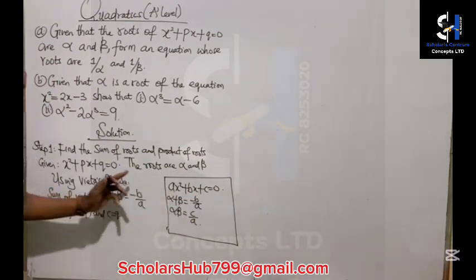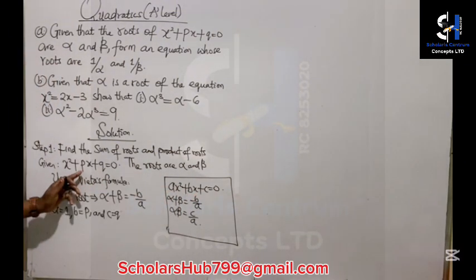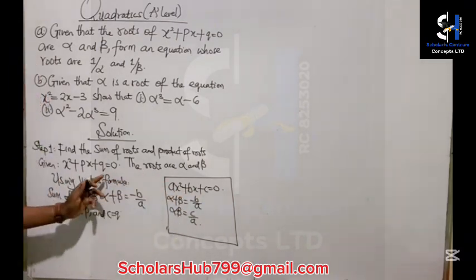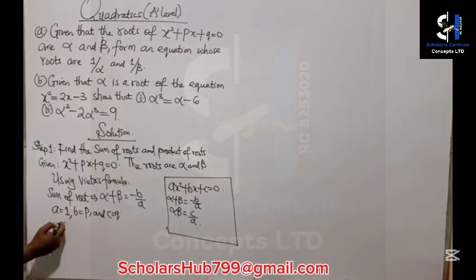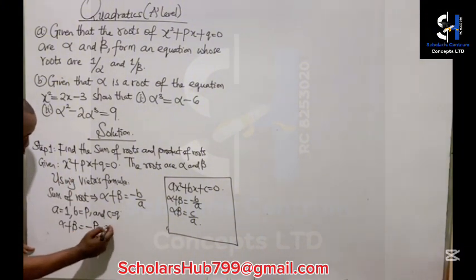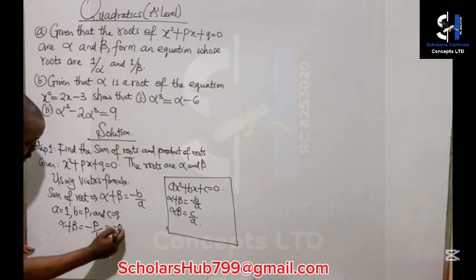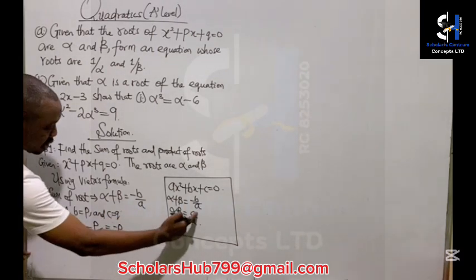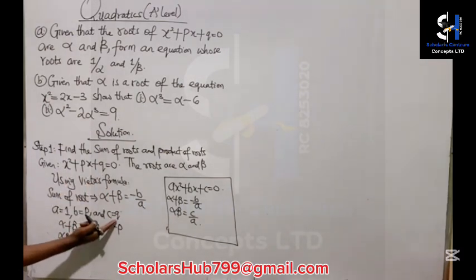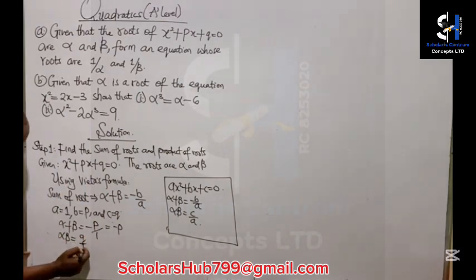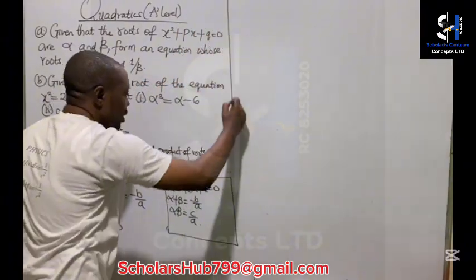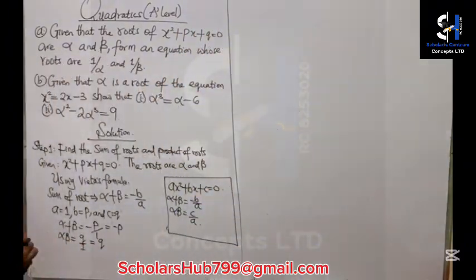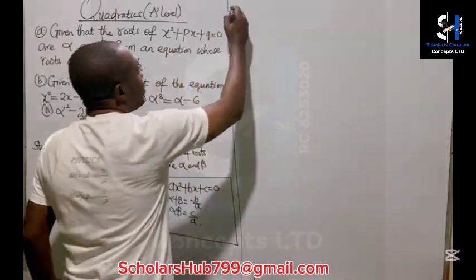So the sum of roots will be negative p over 1, that will be minus p. Then the product of roots is c over a. c is q, so that will be q over 1, and that's q.